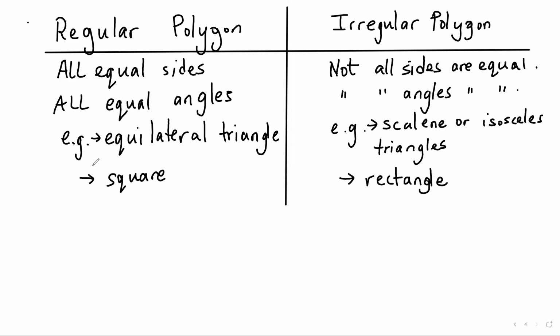So let's look at the interior and exterior angles in a polygon. As its name suggests, the interior angles in a polygon are the angles inside of the polygon. The angles bounded by the sides of the polygon are the interior angles.